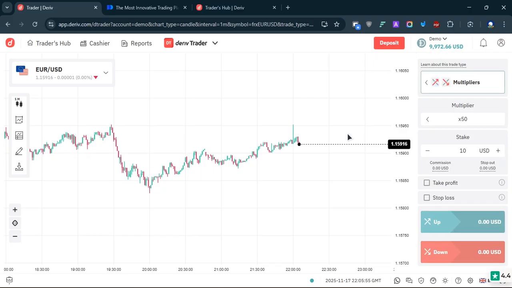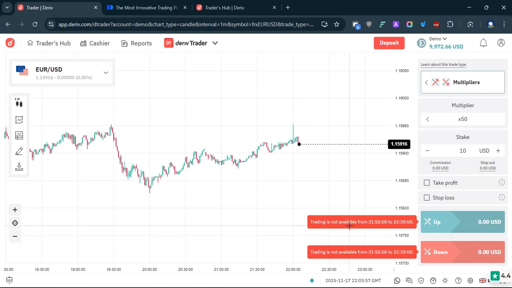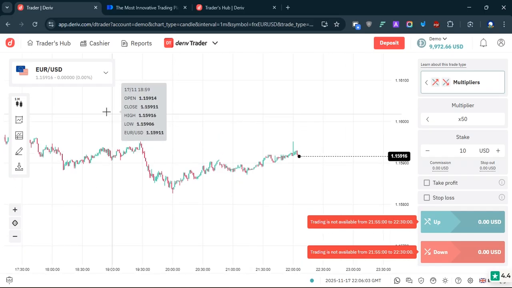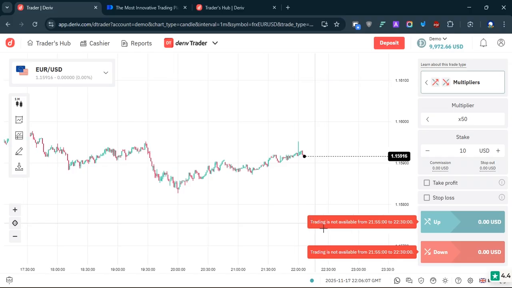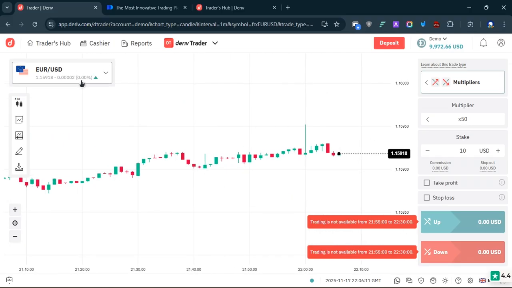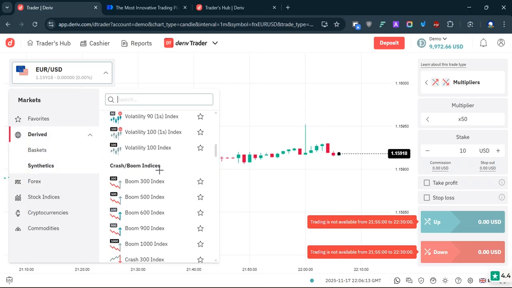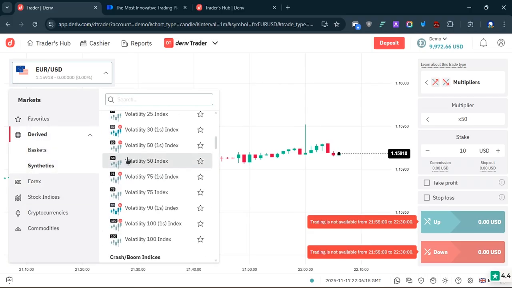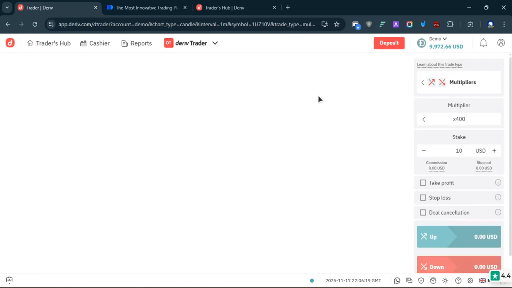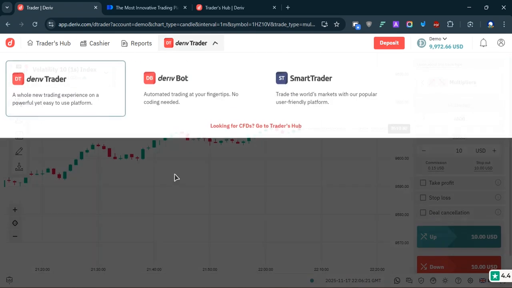Like Deriv offers multipliers on some currencies, but I can see that they have been disabled after some time. So you can only trade this on MetaTrader 5, where you will be doing the real forex trading, not the binary one. So binary trading, you can do it only on their options, not on other options.